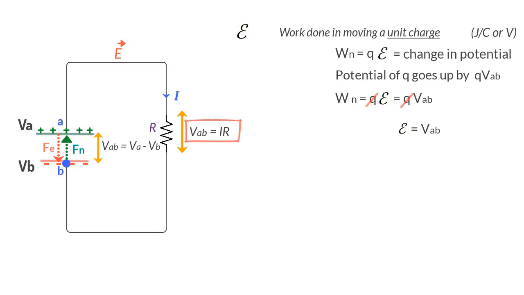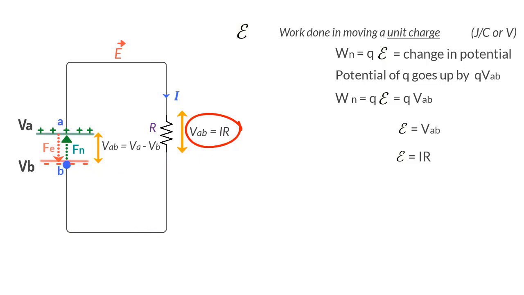Then if we combine this equation with this, what we get is electromotive force is equal to VAB is equal to IR. Well, we could interpret this equation as the rise in potential of a unit charge as the charge moves from B to A is equal to the potential drop VAB across a resistor as the same charge moves through the wire from A to B.